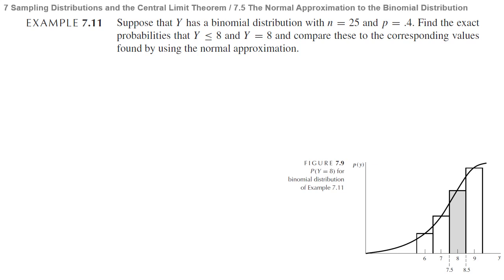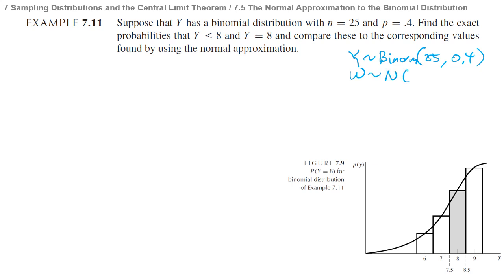Okay, so Y follows a binomial distribution, n equals 25, p equals 0.4. This is the distribution for Y. And what about the corresponding distribution W? That is a normal distribution.